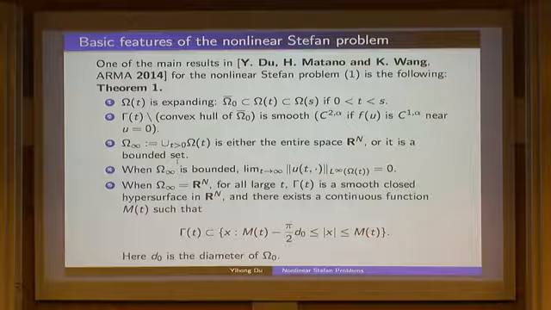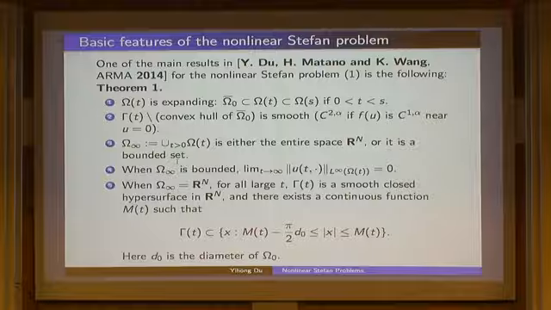So when t is very big, if the limit of omega t is the entire Rn, these small bits will shrink to a point or shrink to a lower dimensional manifold and then disappear. We only have this outer bit, and it's getting rounder and rounder.